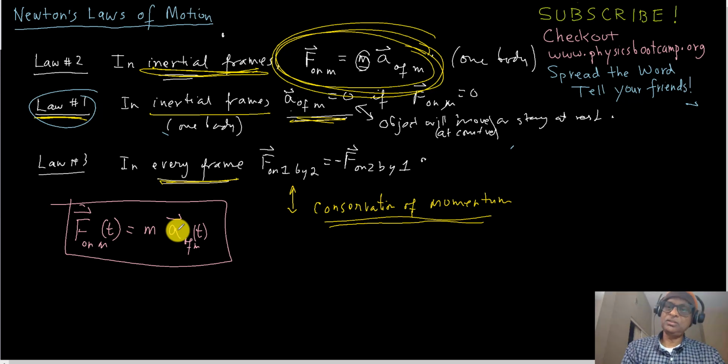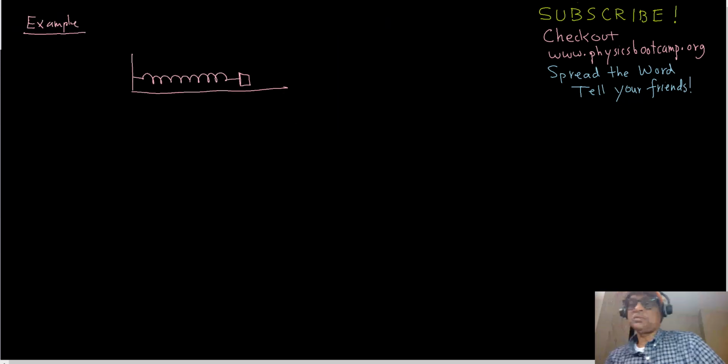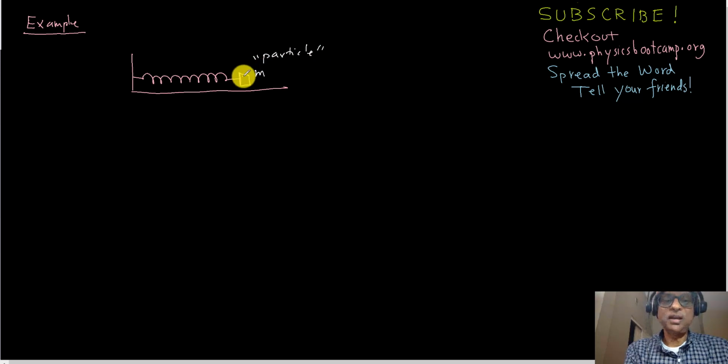Okay, so let's do one simple example. Let's look at this standard example. Here you can consider this to be a particle of mass m. We just think of this as a particle. It's a block, but we think of a particle, so that we can assign this a coordinate x. So we can think of this as an inertial frame.